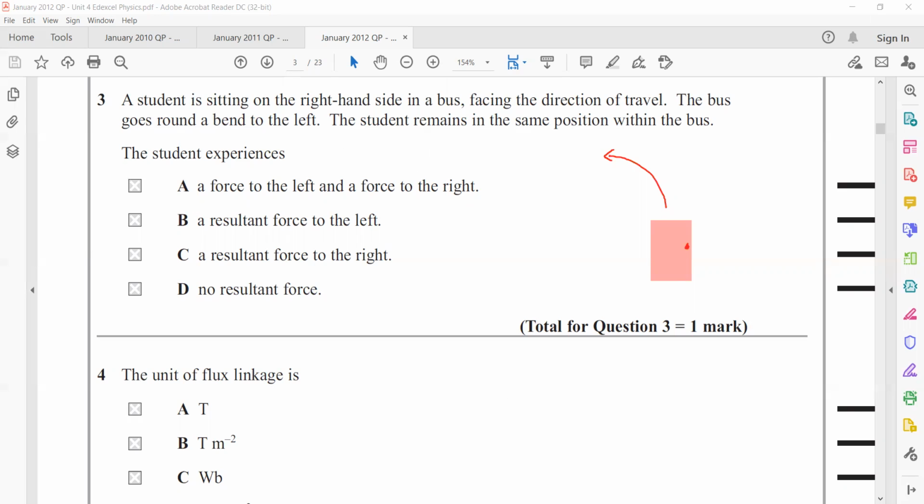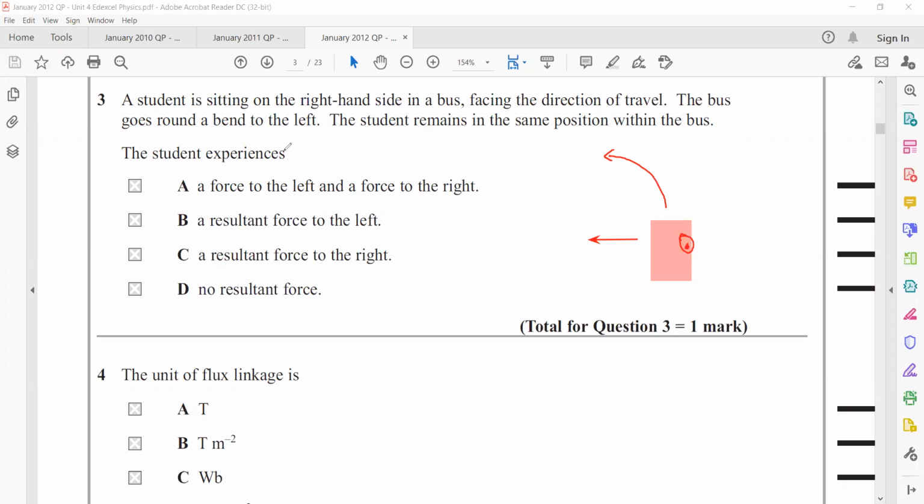path. So basically, if a bus is moving in a circular path, it means there should be a resultant force which is directed towards the center. Because whenever there is a resultant force on the bus which is towards the center, and because the student is inside the bus, there should be a resultant force on the student as well, which is directed towards the center, so that the student can also move in a circular path with the bus.